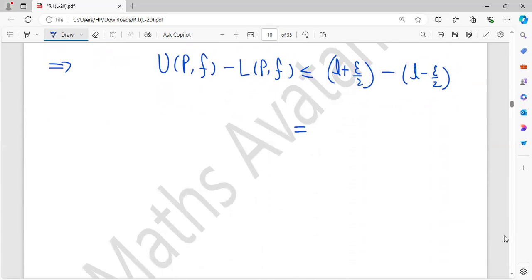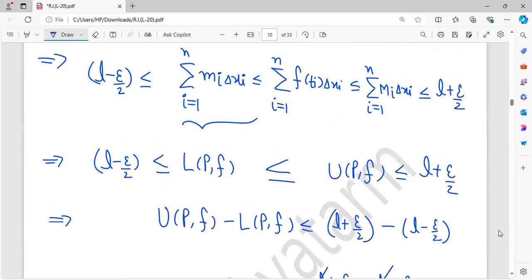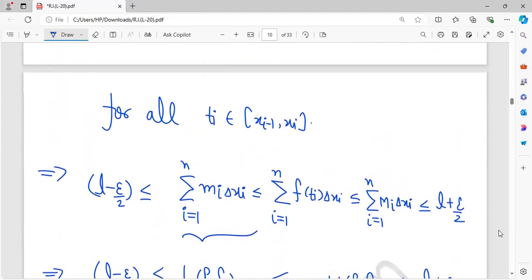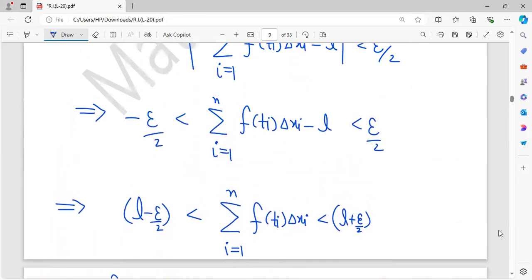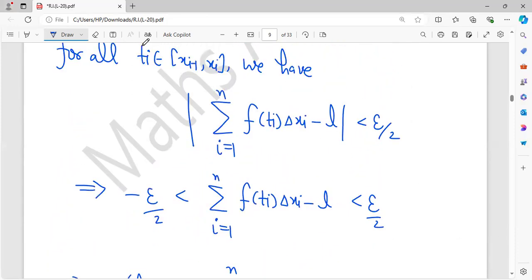So this implies U(P, f) minus L(P, f) is less than or equal to L plus epsilon by 2 minus L plus epsilon by 2, so this is epsilon by 2 plus epsilon by 2. Okay, you can take epsilon by 4 here, it will be better, no problem. So I am taking epsilon by 4 here.